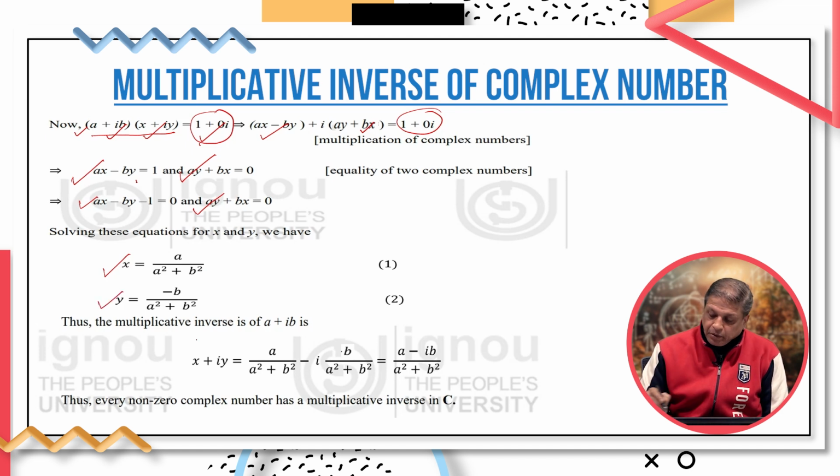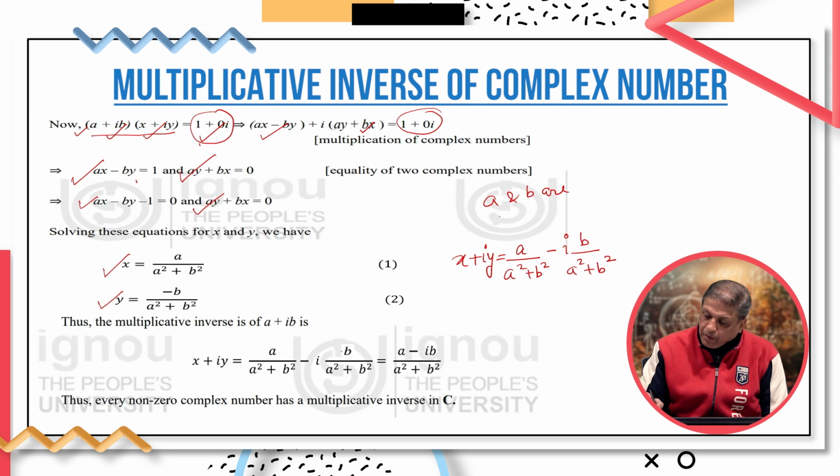That means the multiplicative inverse of x plus iy has the value a upon a square plus b square minus iota of b upon a square plus b square, where a and b are the real and the imaginary part of the number a plus iota b.